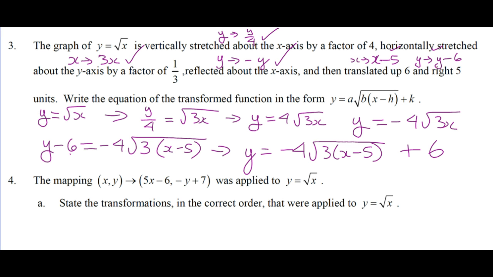So if you showed me, here's my answer, right? Then I would say cover this up. I'm going to tell you what happened here. So looking at this, you would say there is a vertical stretch by a factor of 4. There's a horizontal stretch by a factor of 1/3. There's a reflection in the x-axis that goes right 5 and up 6. And you'd look there and say, yeah, right?